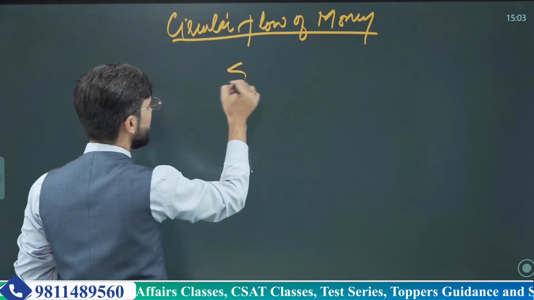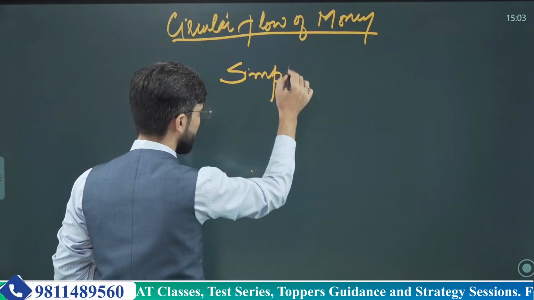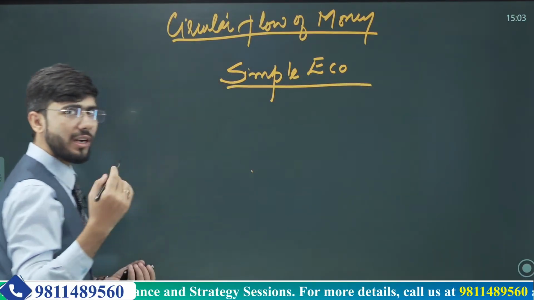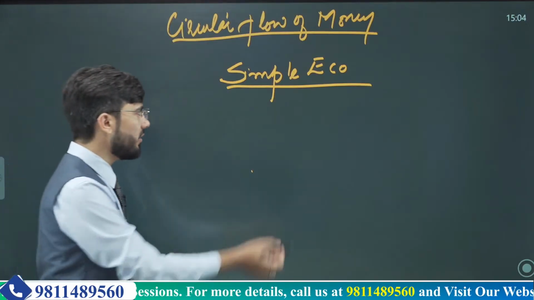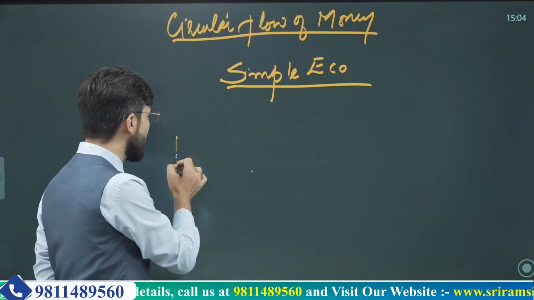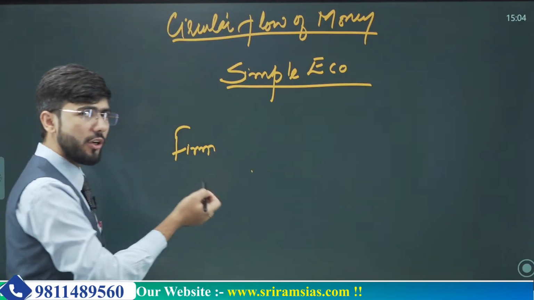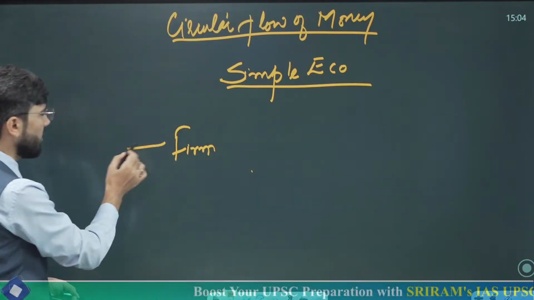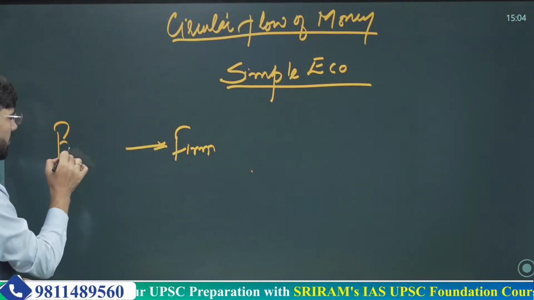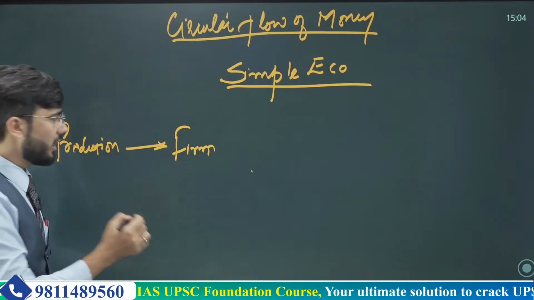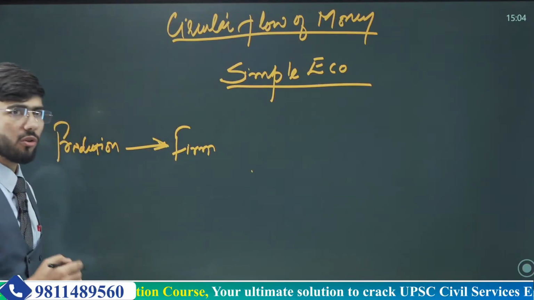In a simple economy, we have just one transaction. That is, a firm is actually producing the things. Till this date, we have discussed that production is the objective of firms.